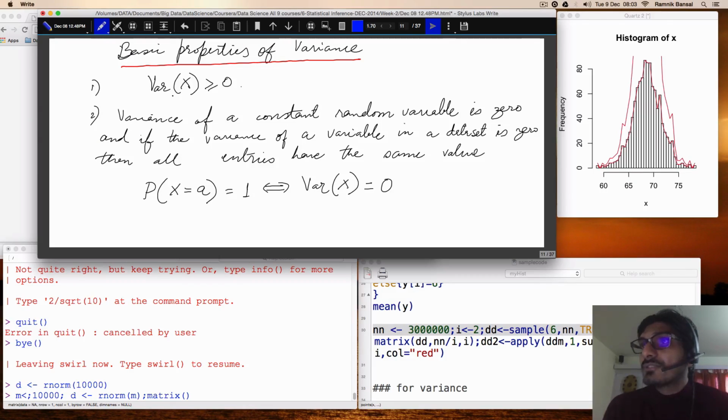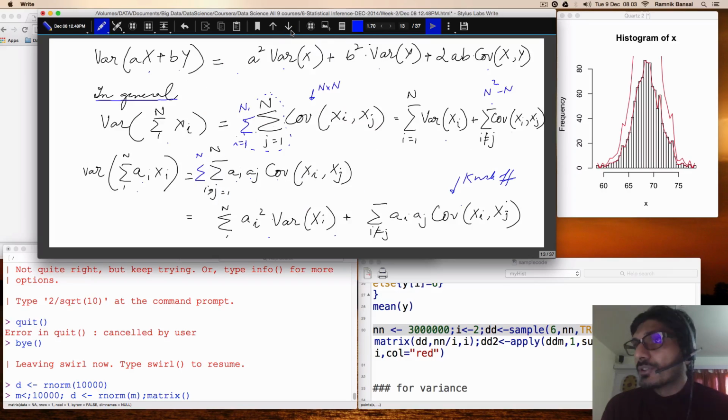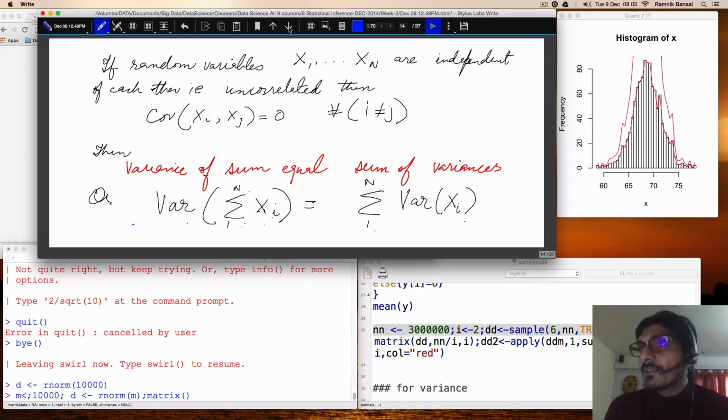Now we're saying variance has to be always greater than or equal to zero. If there is a single value, then there will not be any variance. And then we saw how we can apply linearity to variance. If there's a constant, that constant will get squared if I was to pull it out. And we generalized this concept. Once we generalized it, we further said that when we are using random variables, covariance becomes zero.